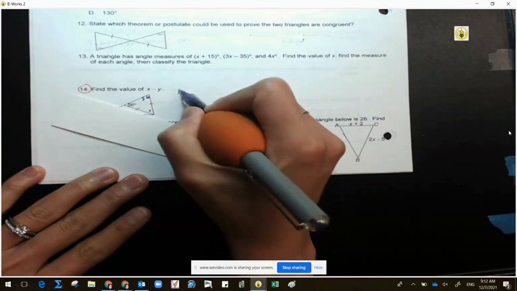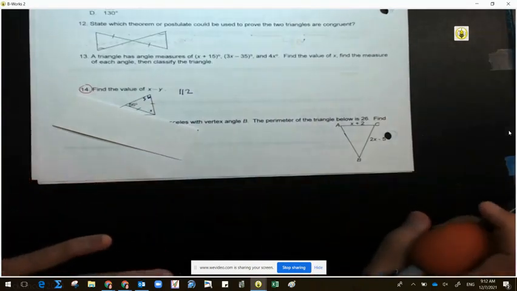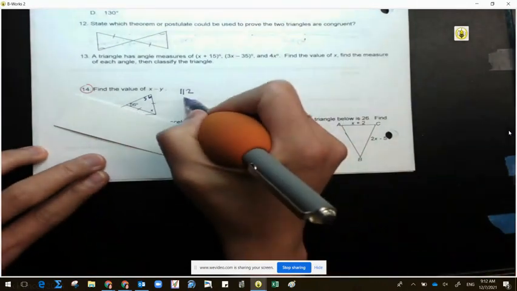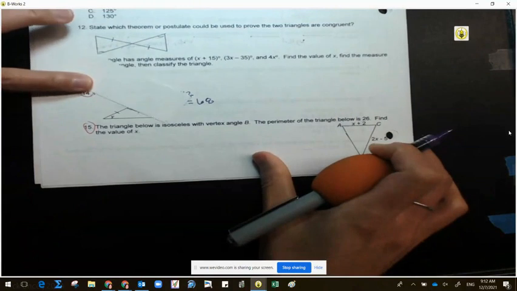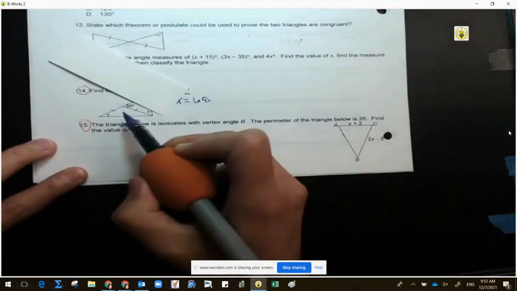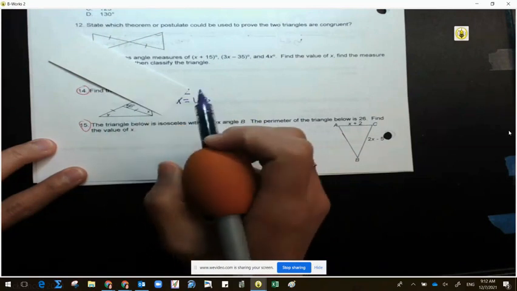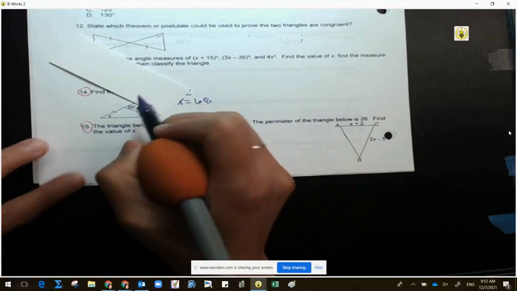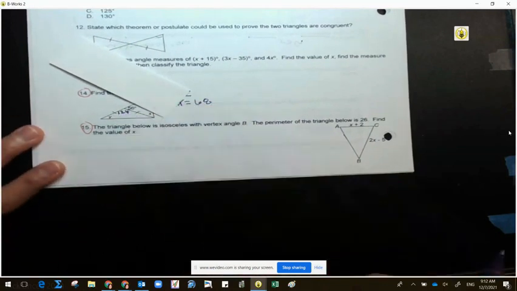So isn't that 112 together? So how many must be my x then? 68. Now let's go to the other side. So just by looking at this, what do I know about a linear pair? It equals 180. So I know 180 minus 56, that's going to give us 124.